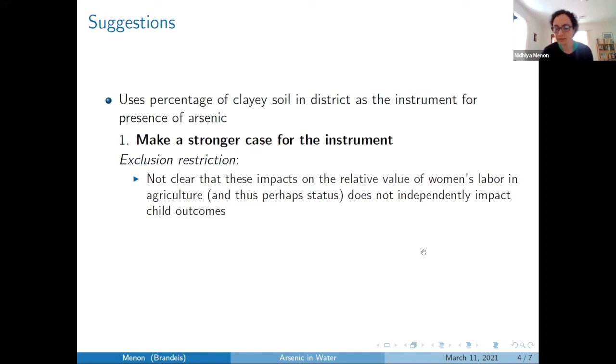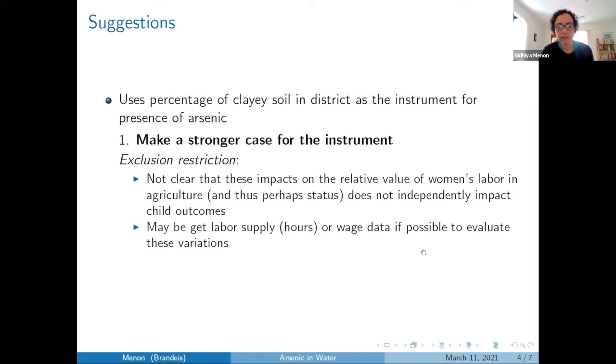Given what I've said in the previous context. So I think the NFHS is very, very good for anthropometrics and all the other things, but it's not very good when it comes to labor supply, especially in terms of hours and wage data, right? So if possible, you already supplement this with sources from the Water Board and so on, but try to get better data on wages and labor supply to try and tackle this head on, right?